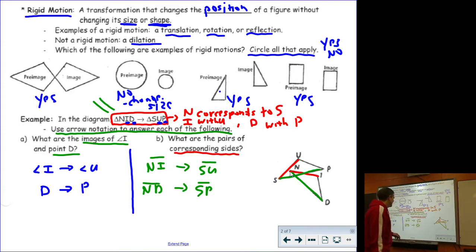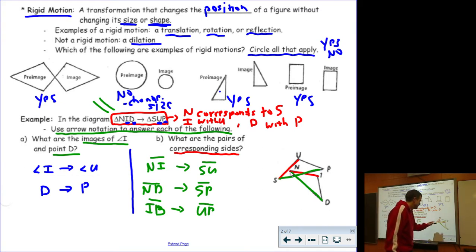And then last up, the second and third letter, ID, must map onto the second and third letter, UP, so ID maps onto UP. And now I have used arrow notation to show which sides map onto which sides.